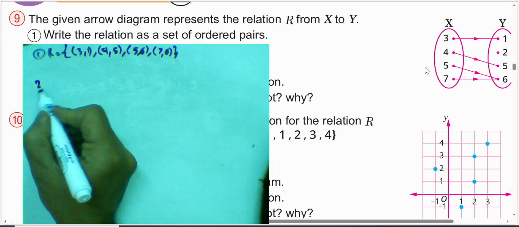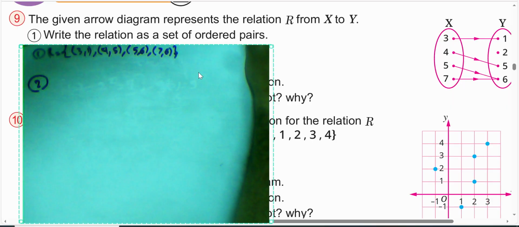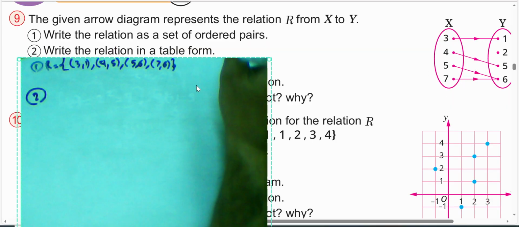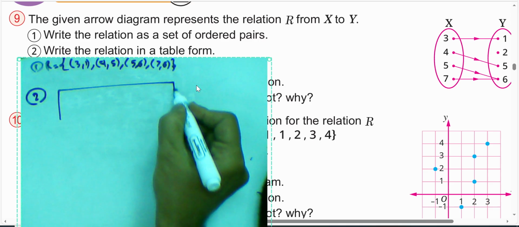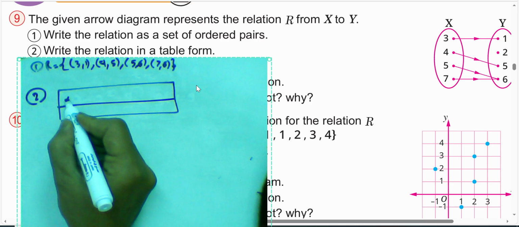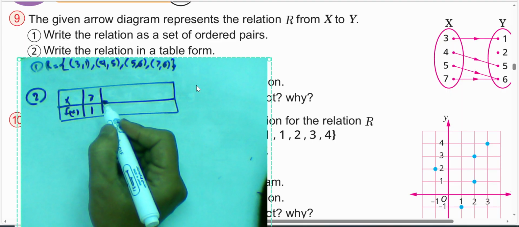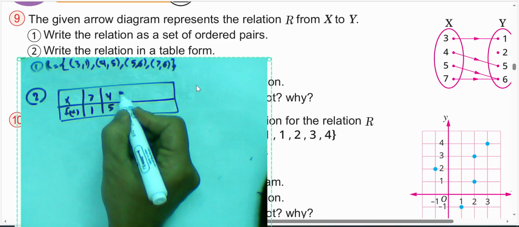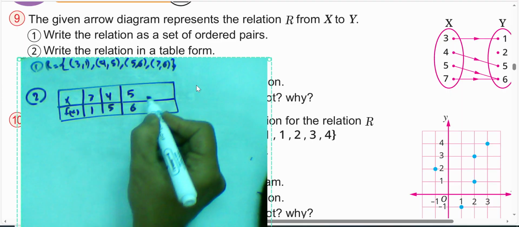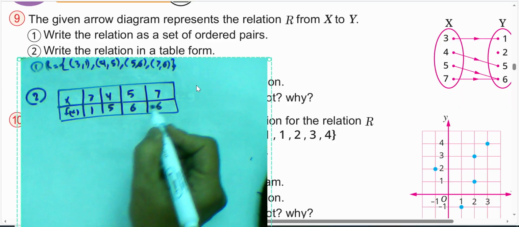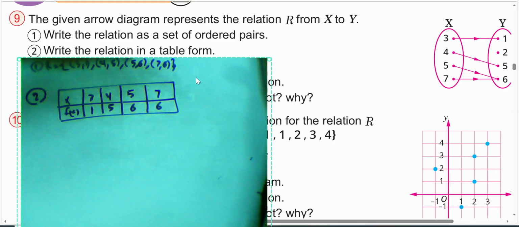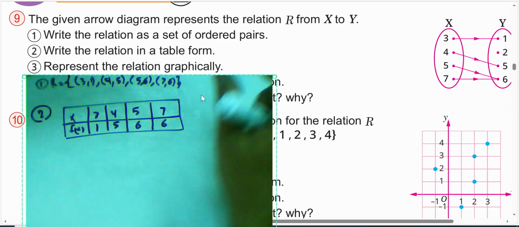Okay, this is the relation. Number 2, write it in table form. We can draw the table here about x and f of x. We have 3 with 1, 4 with 5, 5 with 6, 7 with 6. This is number 2. Number 3, represent the relation graphically.